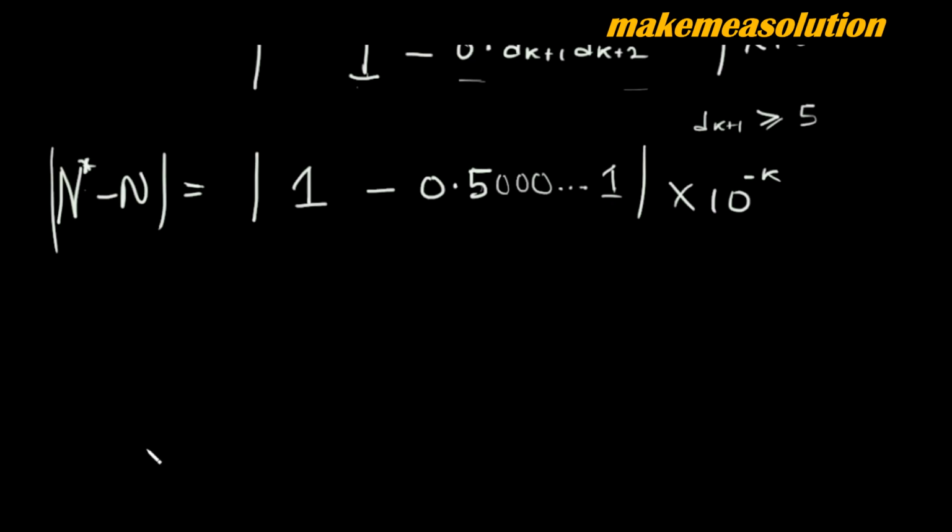Okay guys, now we have gotten to a point where we need to apply another logic. Remember, it's the smallest decimal number that starts with 5 that we can ever come up with. When you subtract this smallest decimal from 1, what you're going to get is the maximum possible representation of the difference between the approximated version of the number n and the actual version of that number n.